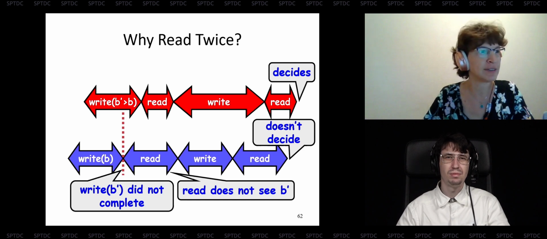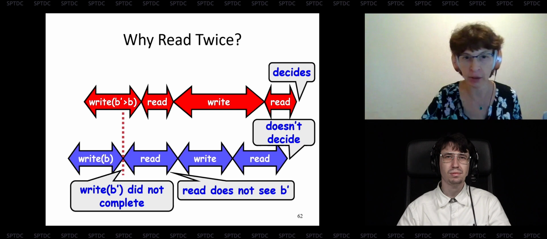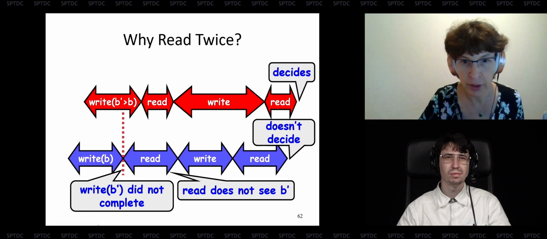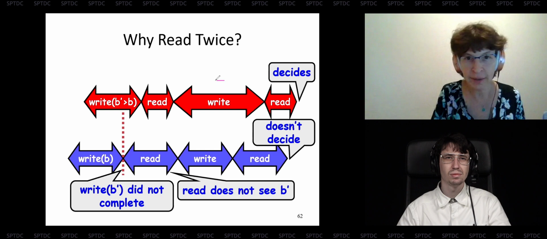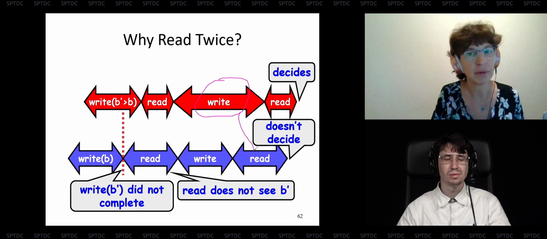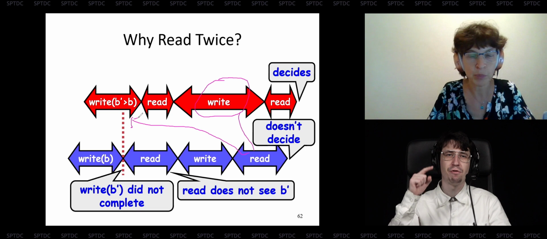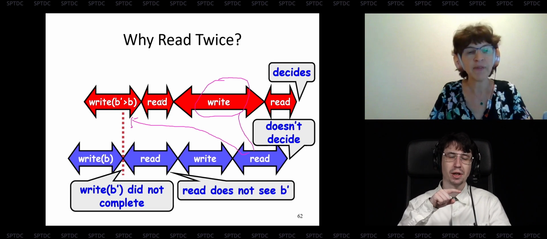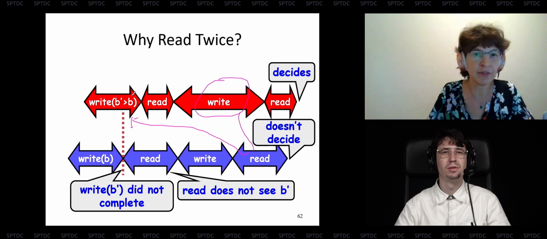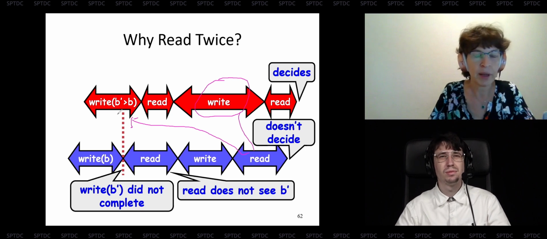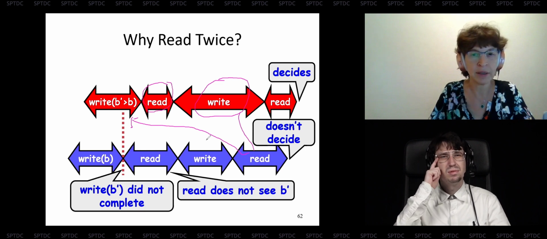If you look at this example, let me try to annotate this again. The second write might overlap the second read. But the problem is that this read will see this write. If the first write was very long, then this read would see this write.